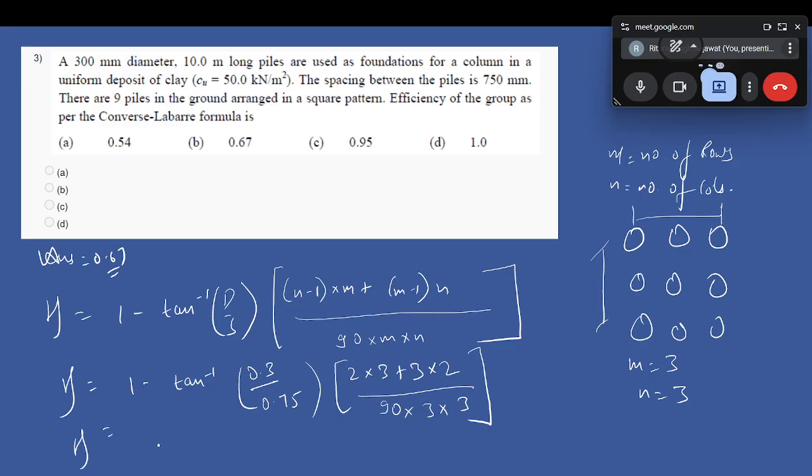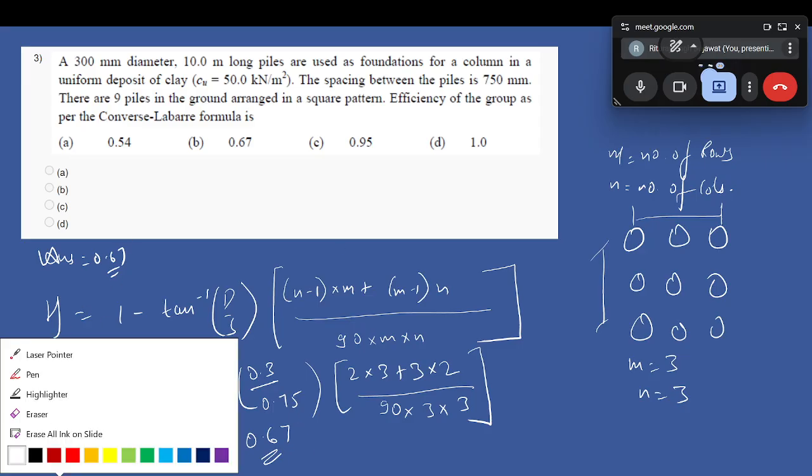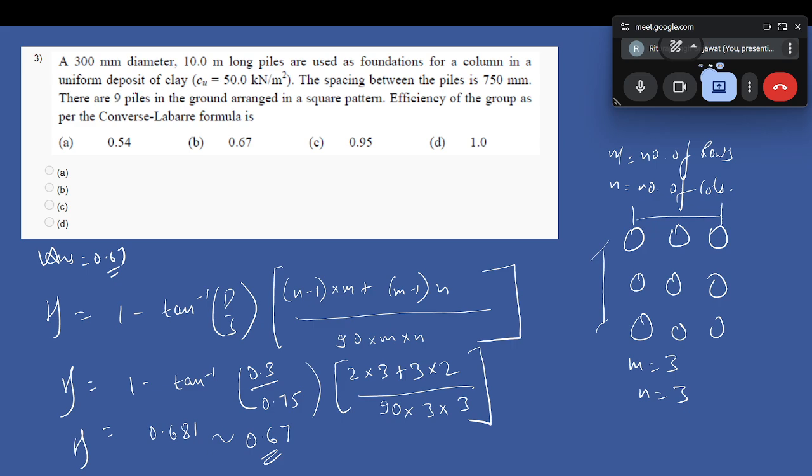So how much is this whole value? 0.67, right? Sir, it's closer to 0.681. So I take 0.67. Assume this as 0.67. So the correct answer is option B. Let's go with that.